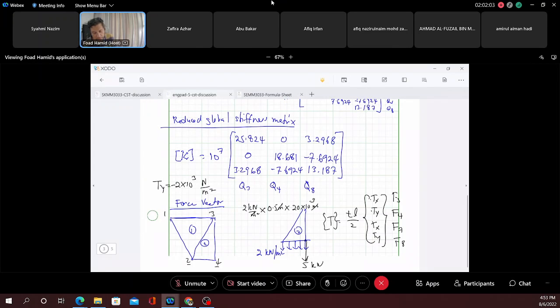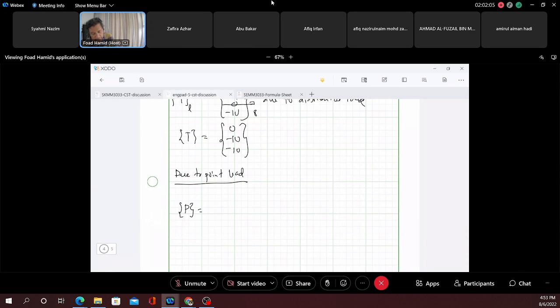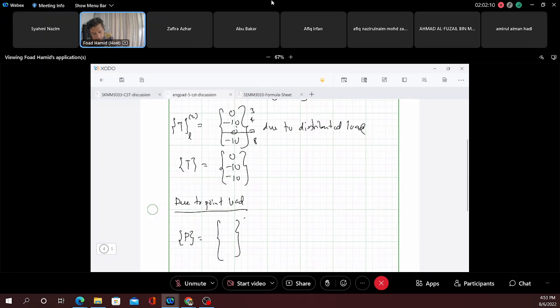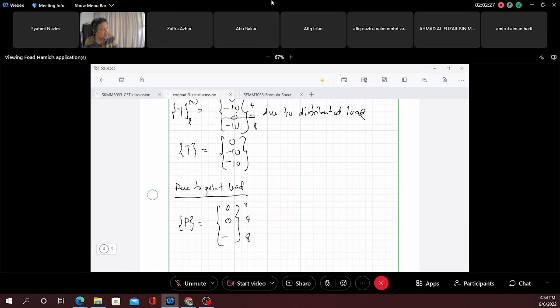So we are only inserting at this node, which is 3, 4, 8. 7 has the boundary condition of 0. So this is 0, 0, minus 5 kilonewton, or 5,000, which is minus 5,000. Okay, so this is due to point load.